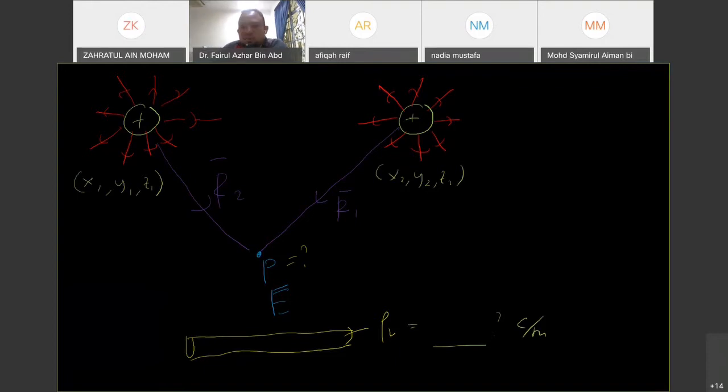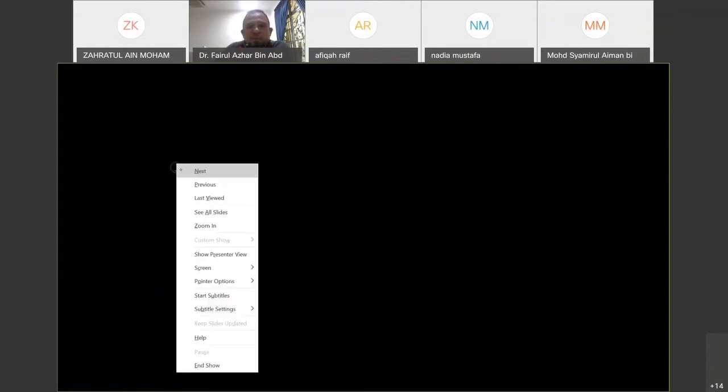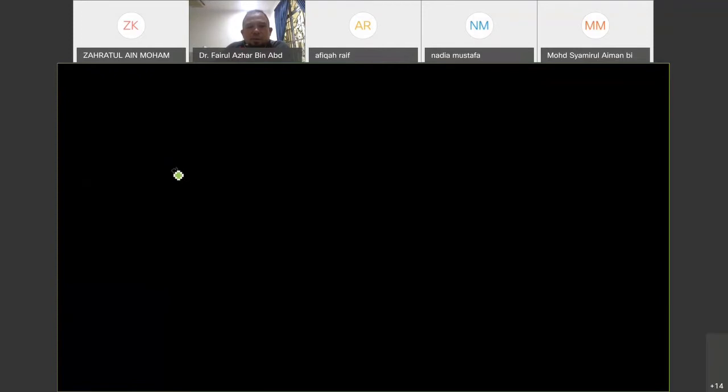Okay, so this one is for the long question. For the short question, maybe some question like this. So let's say we have one pattern of field, for example. So let's say this is the field pattern.